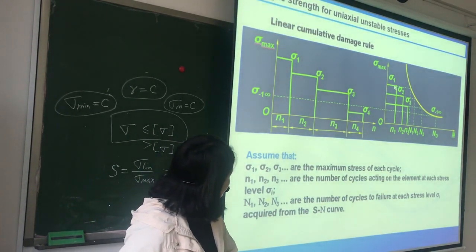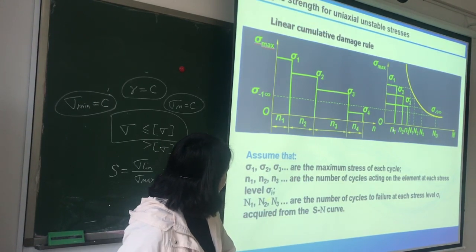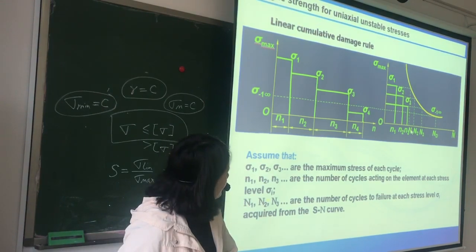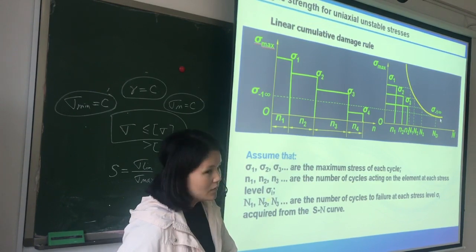This is the stress level sigma 1, and n1 is the number of cycles acting on the element, and big N1 is the number of cycles to failure, which can be acquired from the SN curve.